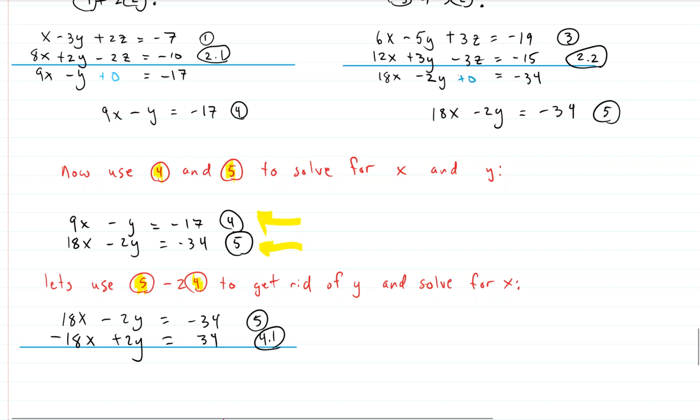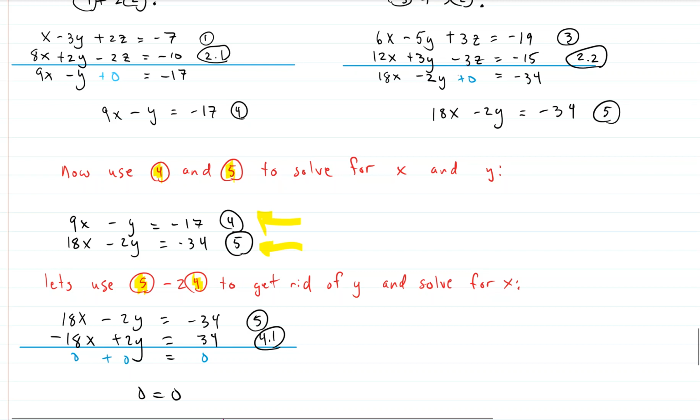So now we add these 2 equations, and what do we get? Well, we get 0 here for the y's. We have an equal sign, and what do we have on the other side of the equal sign? 34 minus 34 gives us 0. So we're left with no variables, and we have a mathematical statement here.